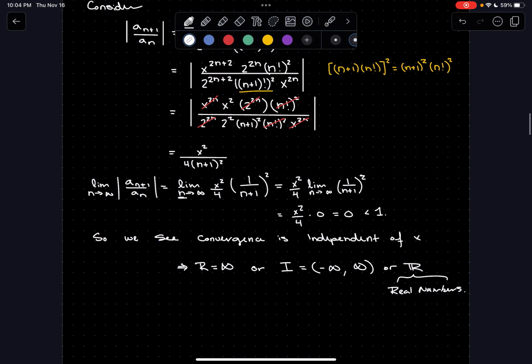But so in this case, when we get an actual number, right? If I get a number when I calculate this limit, and that number is less than 1 in absolute value, right? We took the absolute value. So I shouldn't get a negative number here, right? Because I took an absolute value. But if this number here is less than 1, then it will converge for any x value.